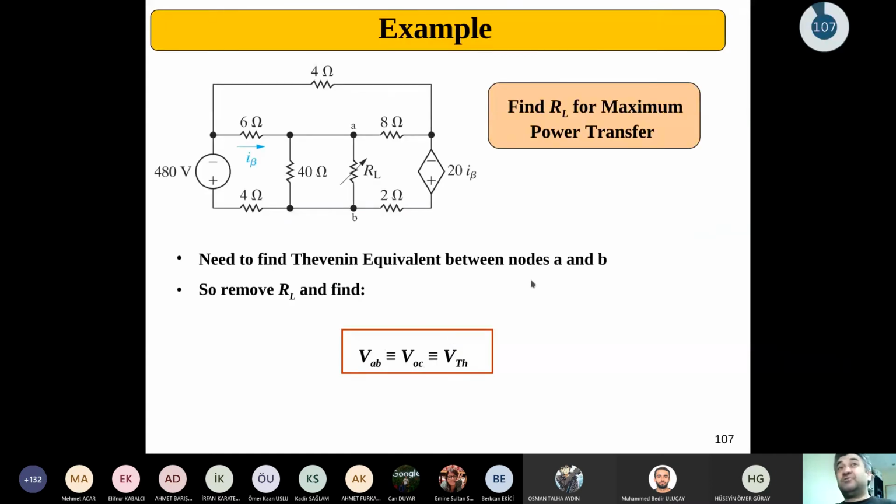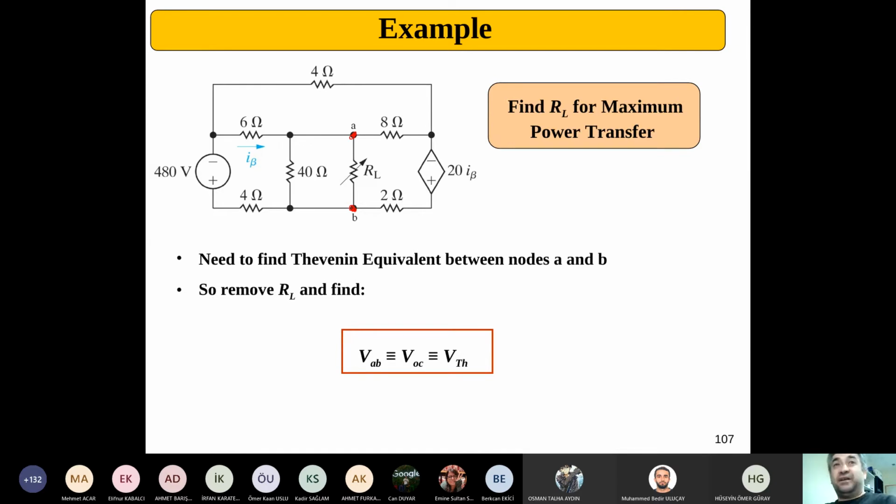So let's do an example here. Let's make the circuitry a little bit complicated, like this. Now we want to learn what will be the maximum power that can be transferred to the R of L value.